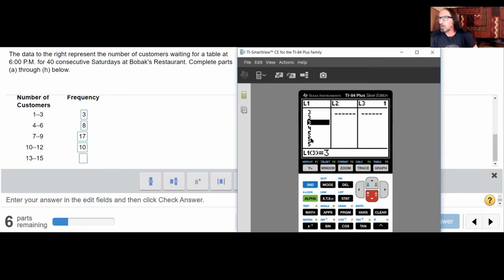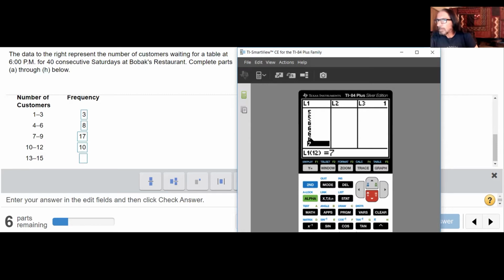There were 40 scores, so this last one, let's see here, if I can read this right, 3 plus 8 is 11, 11 plus 17 is 28, and 28 plus 10 is 38. That would leave 2.